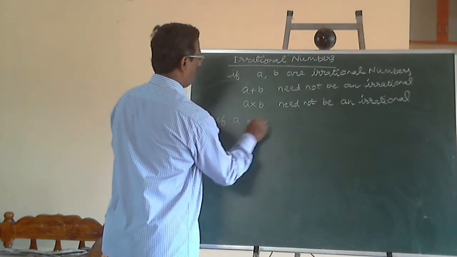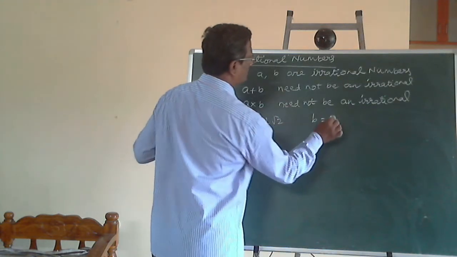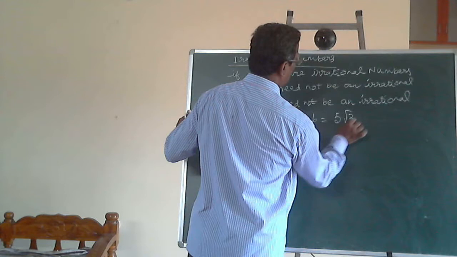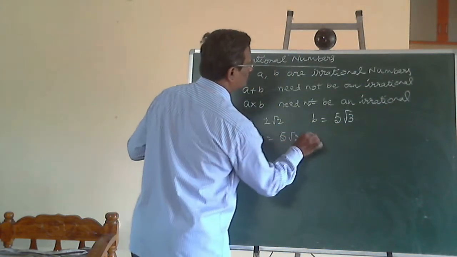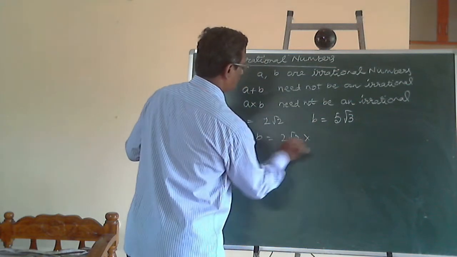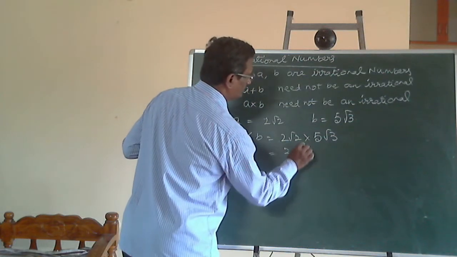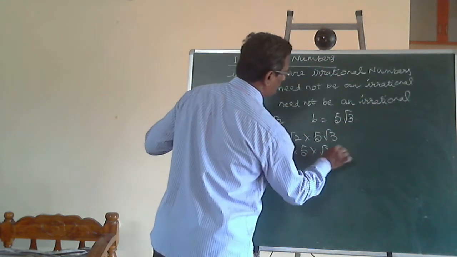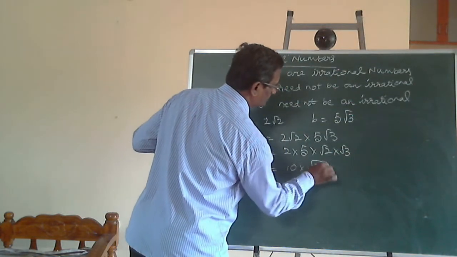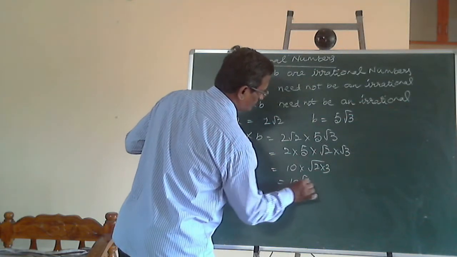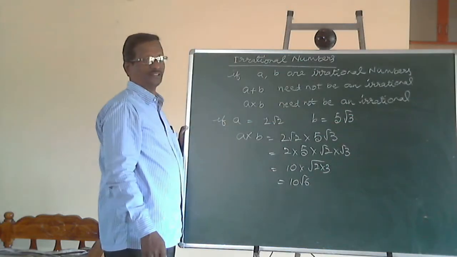If a is equal to 2 root 2, b is equal to 5 root 3, a into b is equal to 2 root 2 into 5 root 3, this is 2 into 5 into root 2 into root 3, this is 10 into root 2 into 3, this is 10 root 6. The product of two irrationals is an irrational.